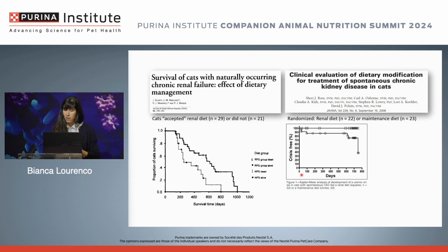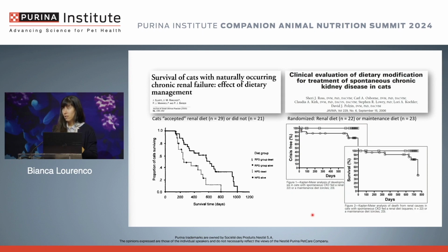They also had a significantly better crisis-free interval, so they had fewer uremic crises. Actually, no cats on the renal diet had uremic crises relative to the maintenance diet. And they had an improved renal survival as well. Not all-cause survival, but renal survival was improved. So overall, this provides support to most of our recommendations to feed cats a renal diet.